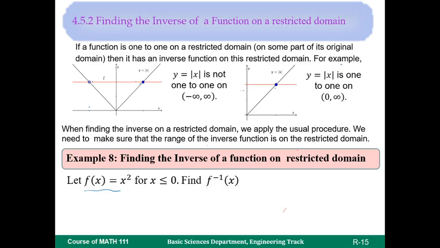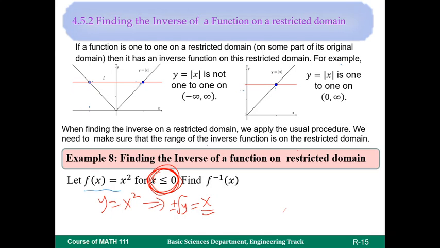So the procedure is normal. The usual procedure is, you write y equal to x squared, then solve it for x. When you solve it for x, you will get plus or minus square root y. So we have two x values. But what does it say?